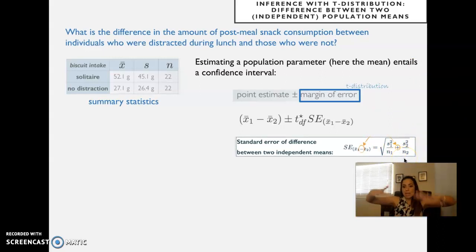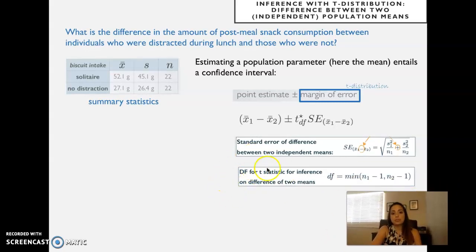So I'm kind of summing the variance of the two groups, but I want to weigh them by sample size, and I take the square root of that. So that's the standard error of the difference between means.